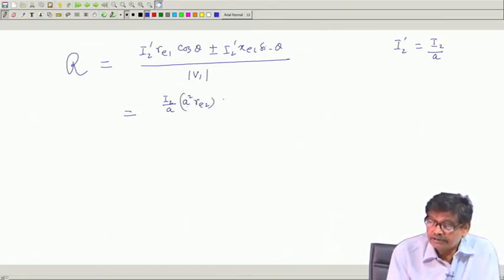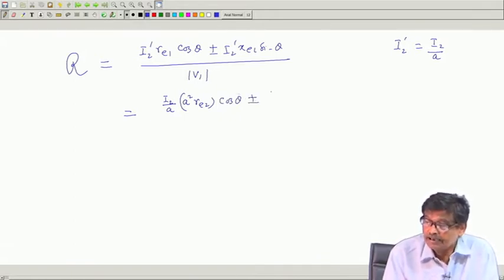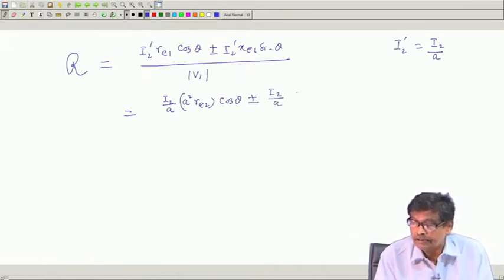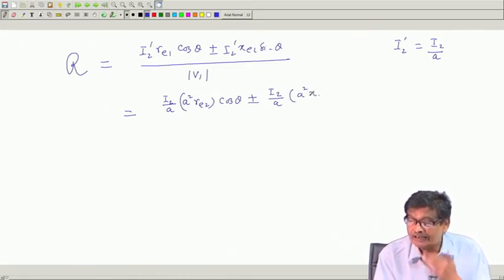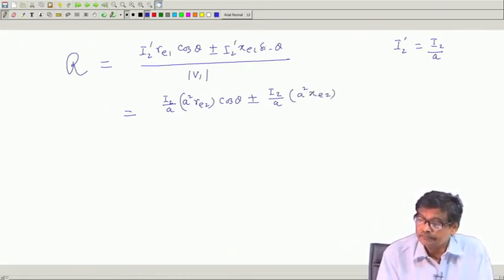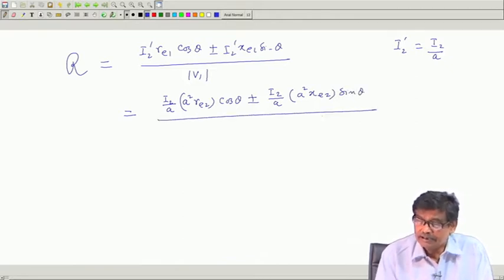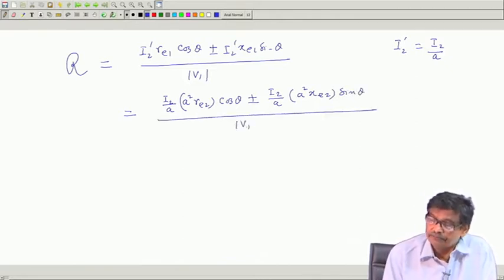Power factor does not change, cos theta plus minus. Similarly, this is I 2 by A, magnitude of I 2 by A into A square into x e 2 into sin theta divided by magnitude of V 1.